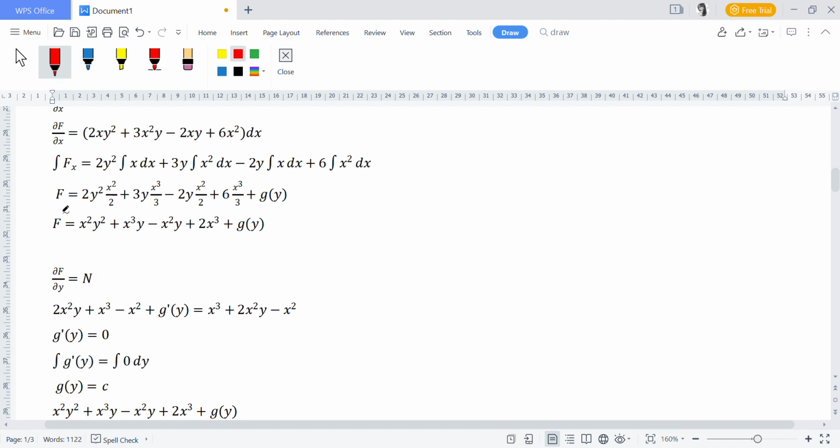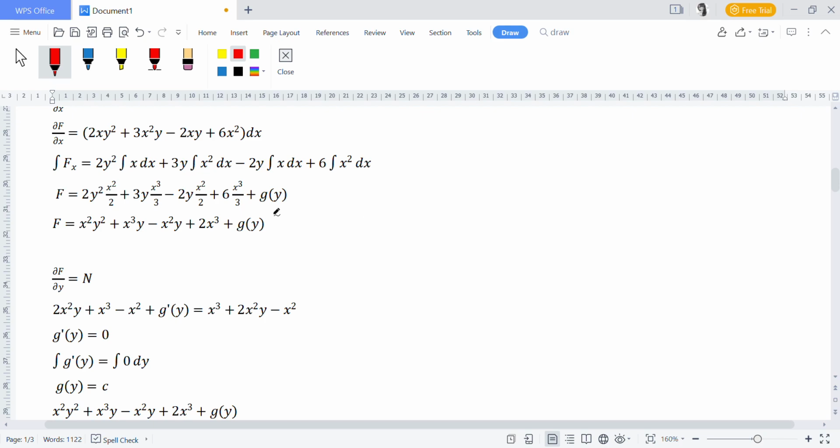We will now have f is equal to 2y squared x squared over 2 plus 3y x cubed over 3 minus 2y x squared over 2 plus 6 times x cubed over 3 plus, instead of the arbitrary constant c, we're just going to use an unknown function.